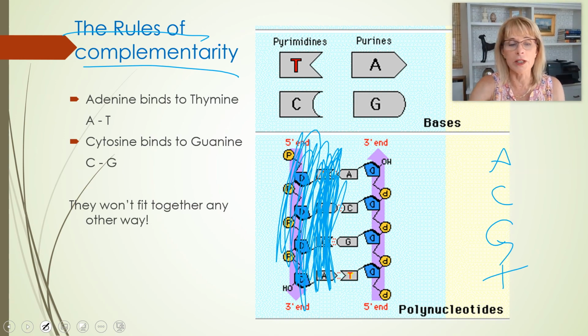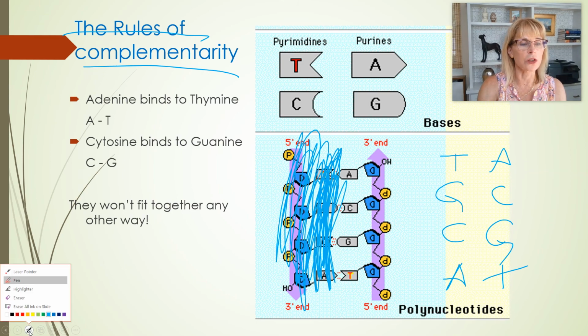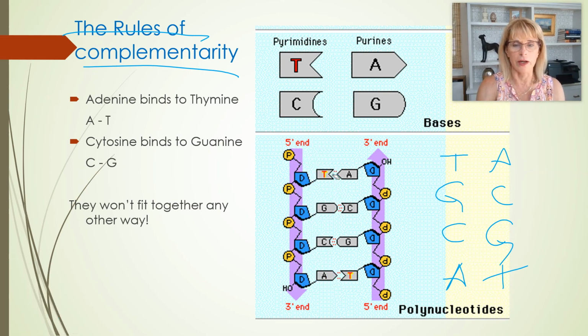The rules of complementarity are, if there's an adenine on the right side, there'll be a thymine here. If there's a thymine on the right side, there'll be an adenine here. Cytosine, guanine, guanine, cytosine. Okay, so that's what it's supposed to look like just by knowing the rules of complementarity. So, did I do it right? Yes. Was it hard? No.